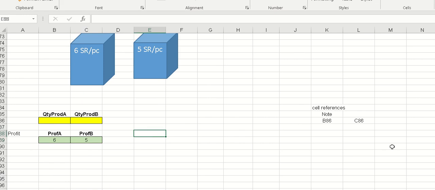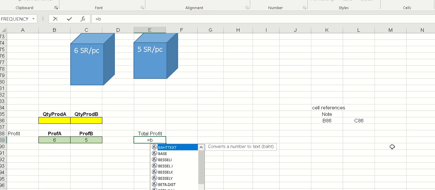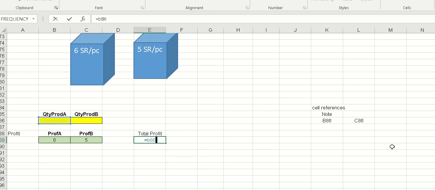How do you do the total profit then? Total profit is what? You multiply B86 times what? B89.